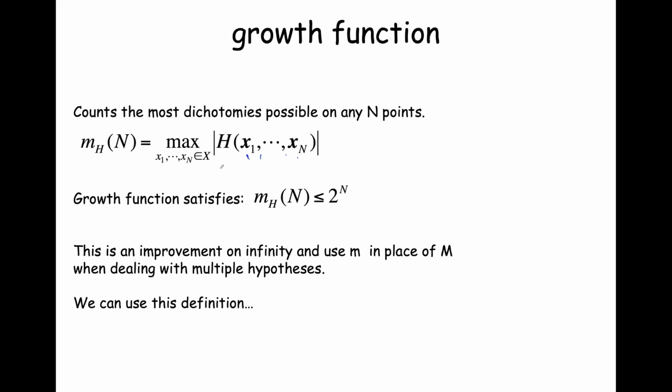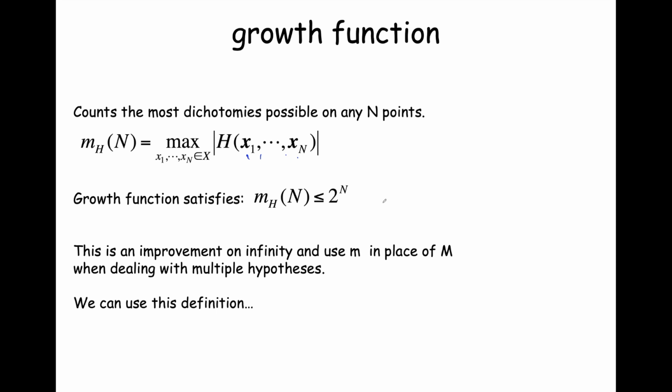And so the biggest value the growth function can take on is going to be 2 to the n, because that's the maximum number of labelings of +1, -1 you can have with a data set of in-sample points of size n. So the growth function satisfies this inequality. Growth function of hypothesis set h, given in-sample data of size n, is at most 2 to the n.